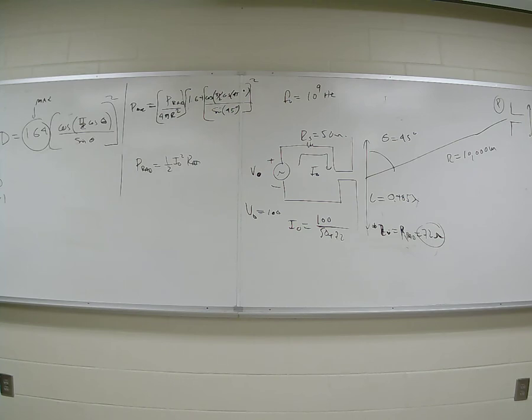Times 2, that's really 360 pi, about 1,000 times 10 to the minus 8, which is going to be 10 to the minus 5, square root of that. No way, minus 10. No way.